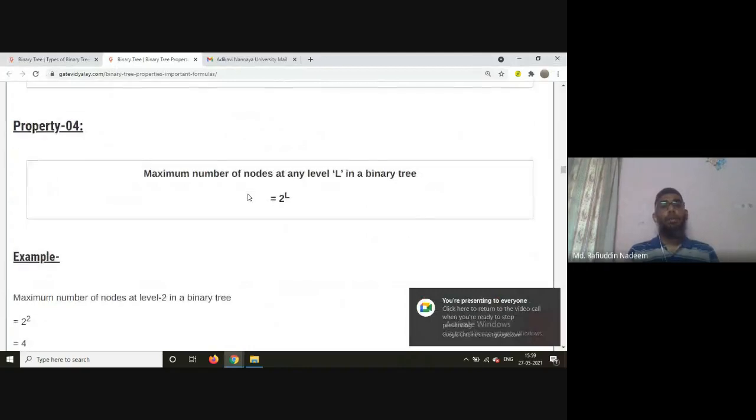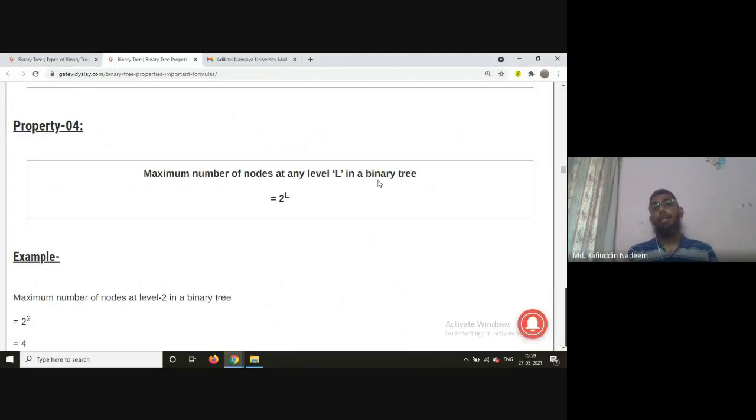Next, we have property 4. The maximum number of nodes at any level L in a binary tree is 2 power L. The root node will be at level 0, then 2 power 0 is 1, so there will be only one node. At level 1, 2 power 1, you can have 2 nodes.